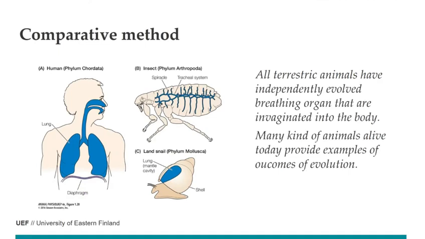Okay, some examples. Comparative method. We can see that all terrestrial animals have independently evolved some kind of breathing organ that is invaginated into the body. So whether you are a human or an insect or a land snail, you have some kind of lung or mechanism inside your body to get oxygen in and carbon dioxide out.